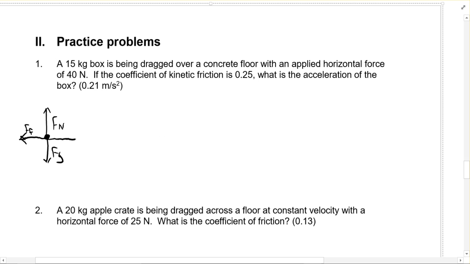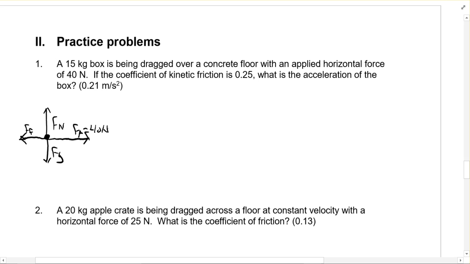And I've got an applied force of 40 newtons. And they said it's being dragged, so I'm going to assume that the applied force, Fa, is going to be longer, right? Okay, so that's my starting point there.